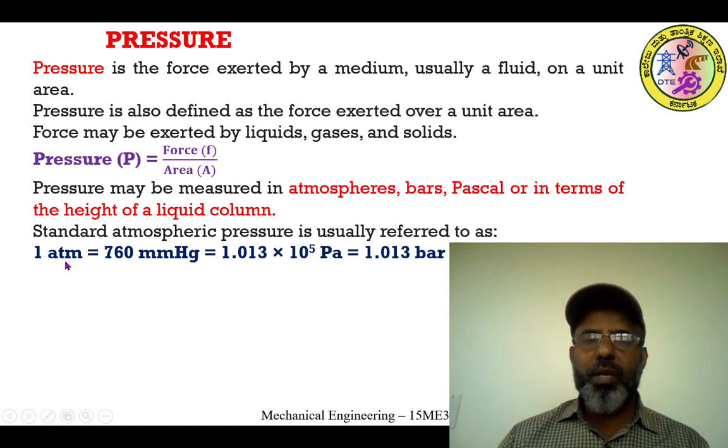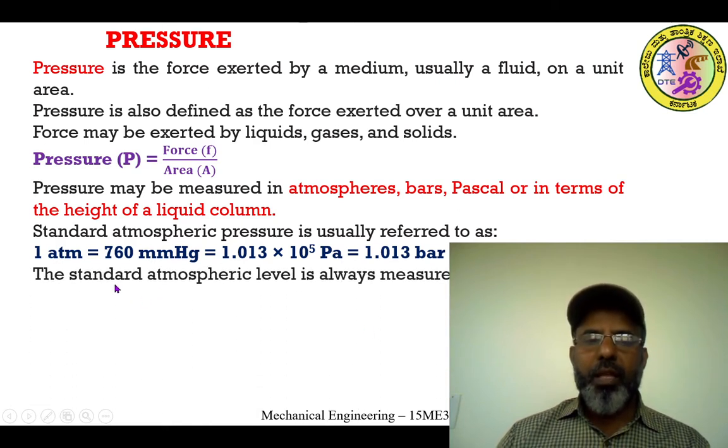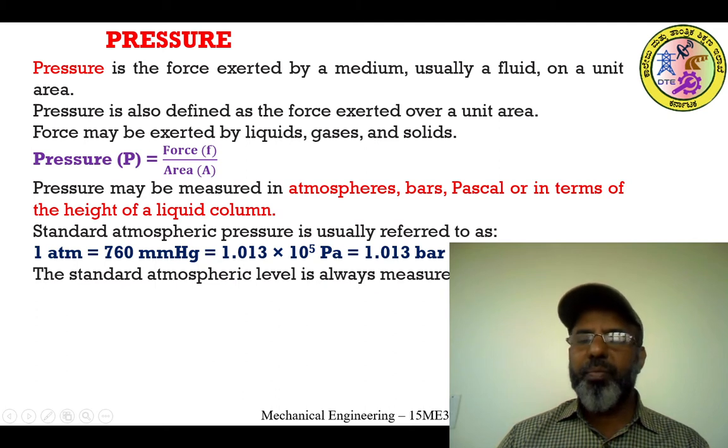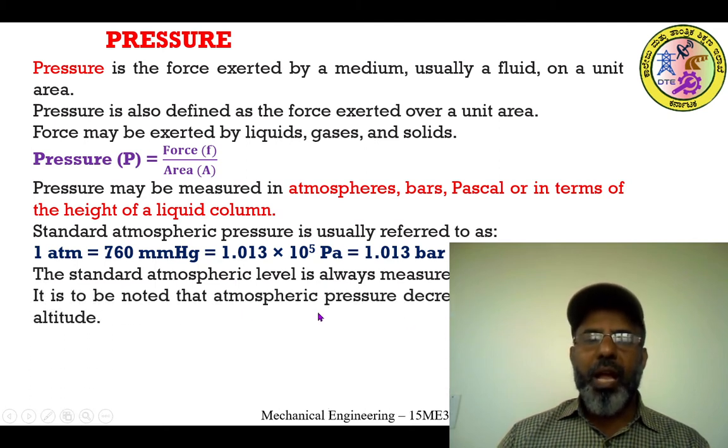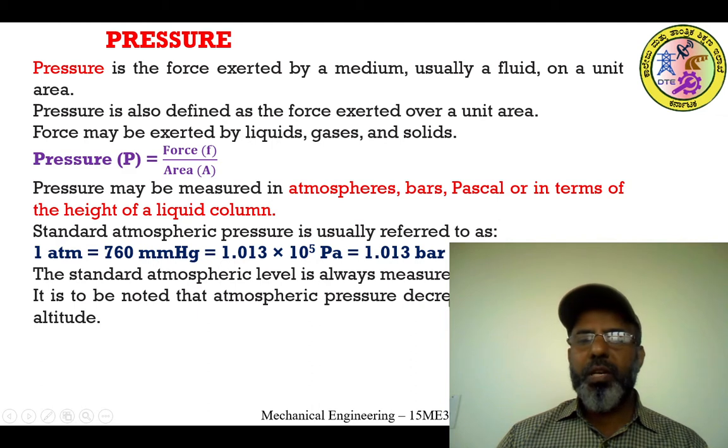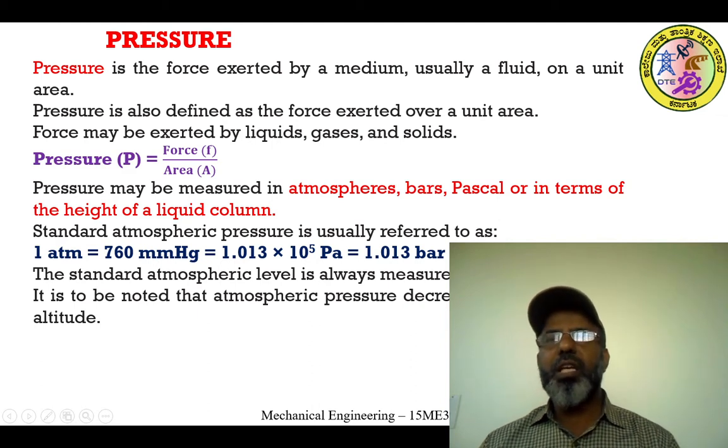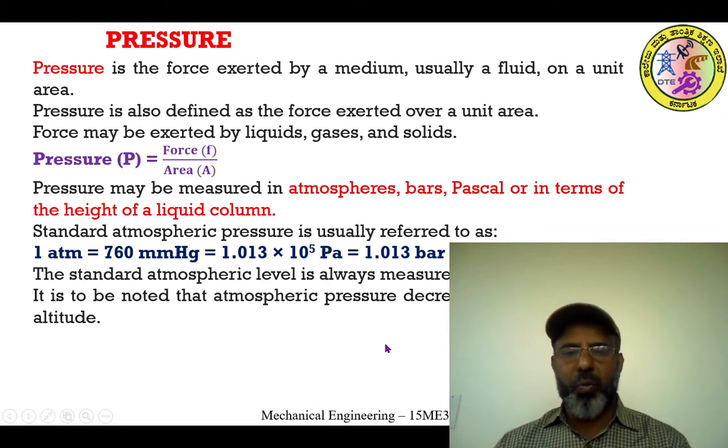Therefore, remember the units of pressure: atmosphere, millimeter of Hg, Pascal, or bar. The standard atmospheric level is measured at sea level, and atmospheric pressure decreases with increasing height or altitude.